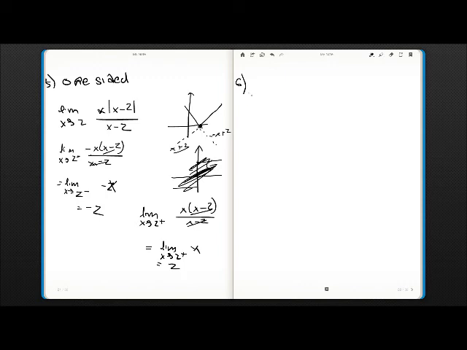finding a common denominator. So for instance, say we have to find the limit for this nasty little function. Limit, okay, I forgot to write the limit sign, so I'll do that.